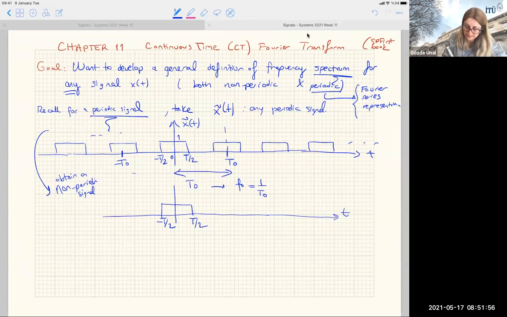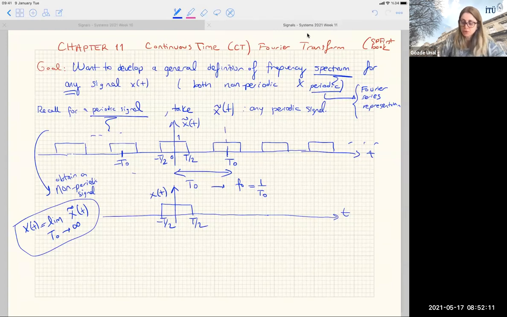Let's say this x of t is the limit, as the period goes to infinity, of the periodic signal. I think it's obvious, right? We pushed these to infinity. As T0 goes to infinity, I don't have any replica. It's not repeating itself. Now x of t is a non-periodic signal.